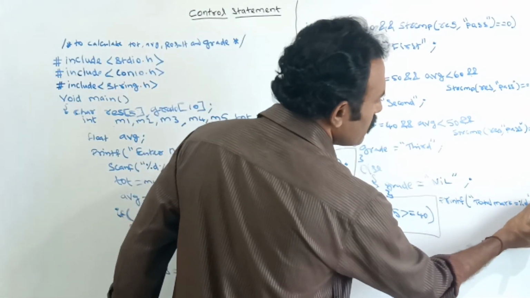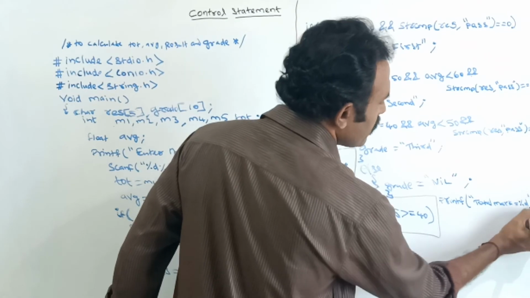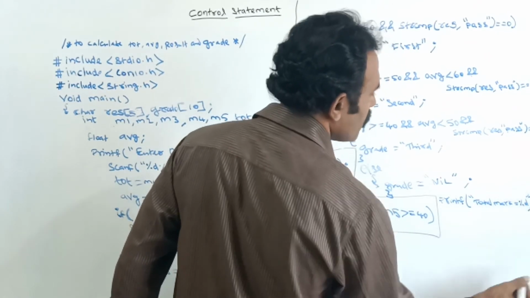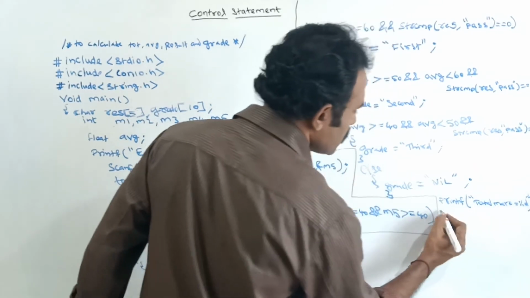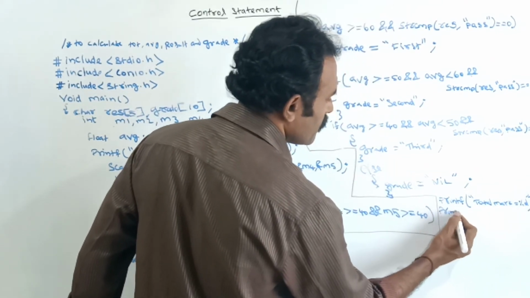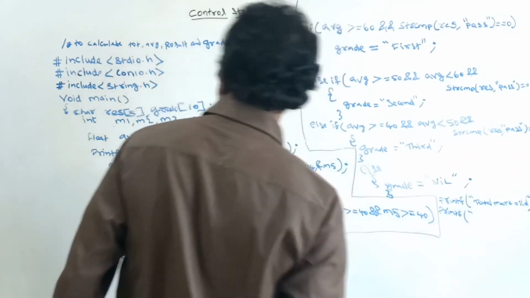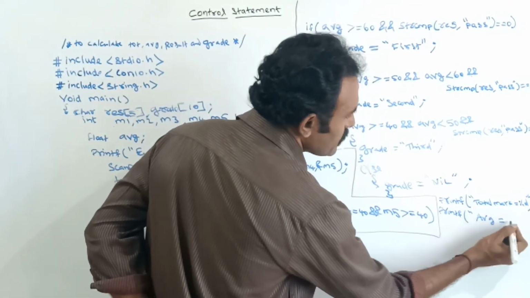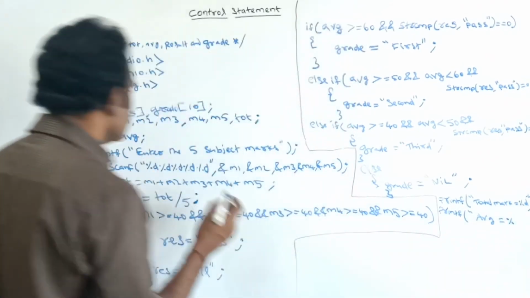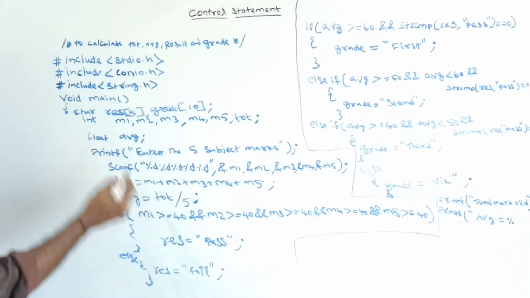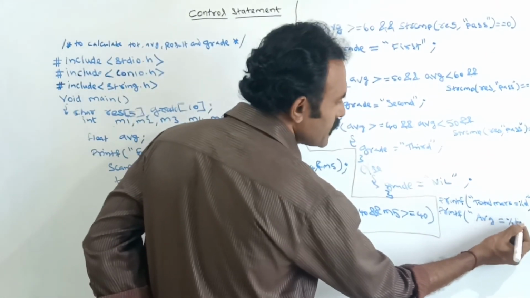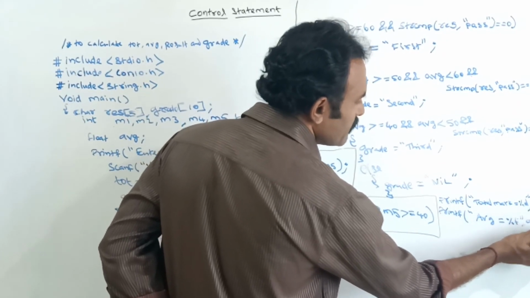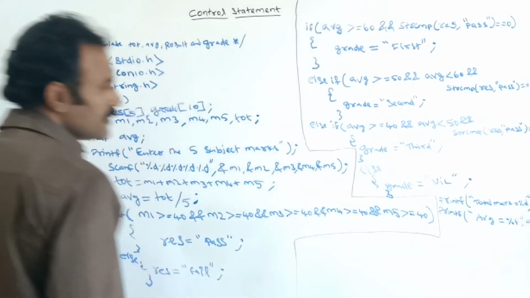Percentage d comma tot, the variable name is tot. Next, printf, we need to print the average mark, avg. Average is equal to percentage. This avg is float data type, so here I am using percentage f and comma the variable name avg.